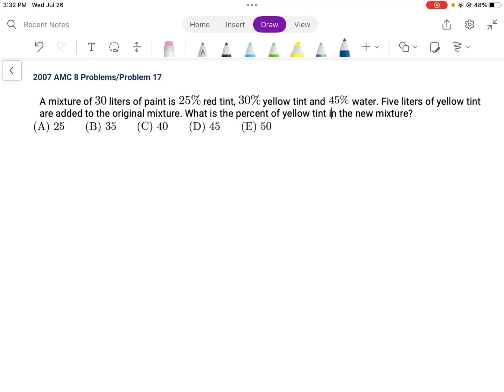Problem 17. To calculate the percent of yellow tint in a new mixture, we first calculate the total volume of the yellow tint. Previously, we have 30 liters total paint, and we multiply by 30% yellow tint. And then there are 5 liters added to the previous paint.